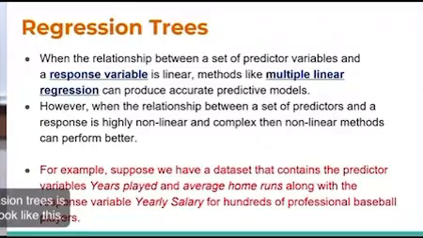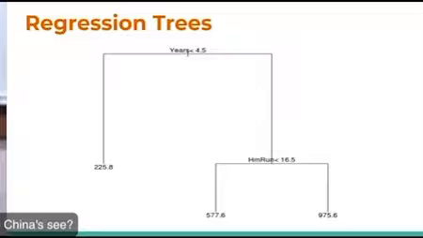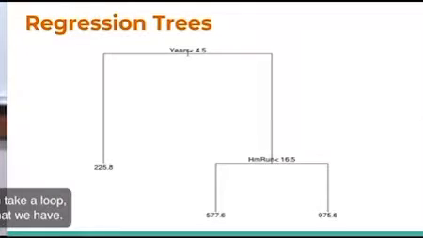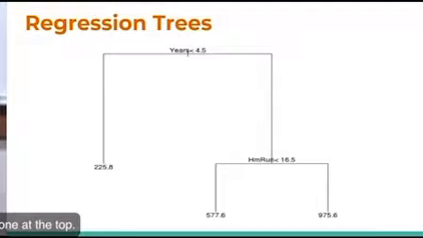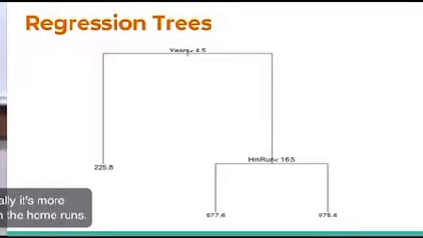Now, the decision tree is going to look like this. What is it trying to say? We've got two predictor variables that we're trying to use to predict the response. The one at the top here is years, followed by home runs, which means using variable importance, years is more important than home runs.